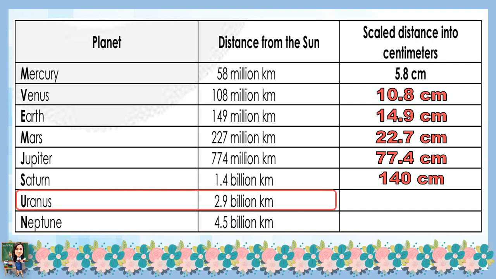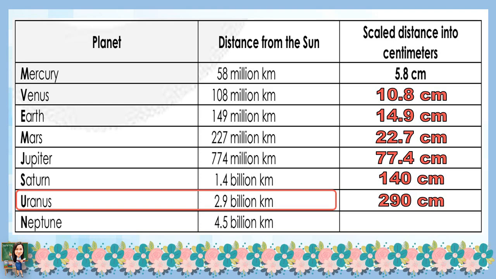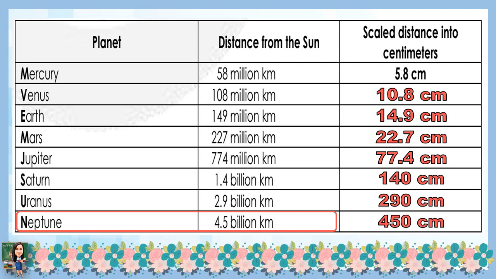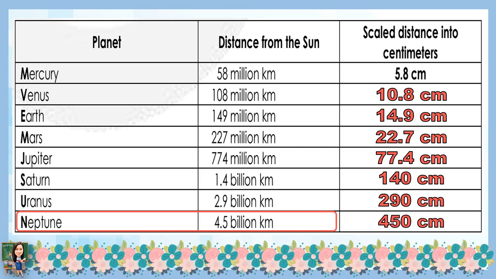Uranus, 2.9 billion divided by 10 million times 1 centimeter equals 290 centimeters. And Neptune, 4.5 billion divided by 10 million times 1 centimeter equals 450 centimeters. So these are the scale distances into centimeters of the planets.